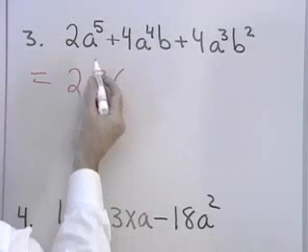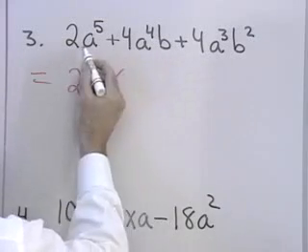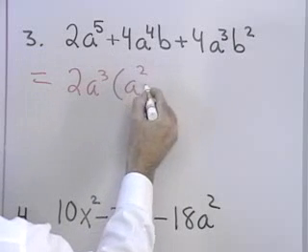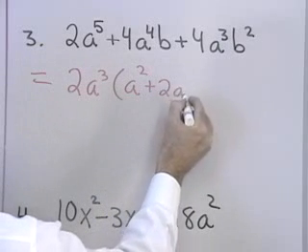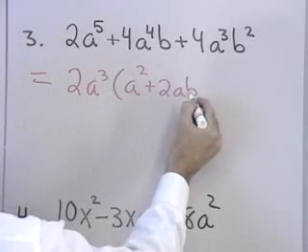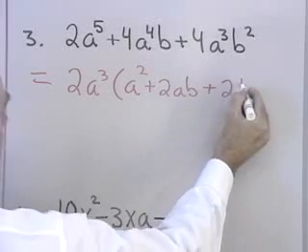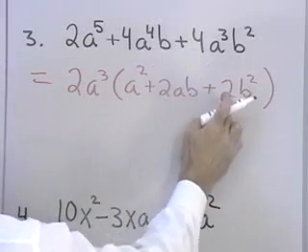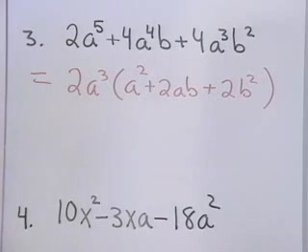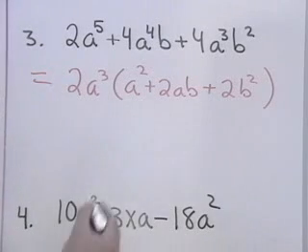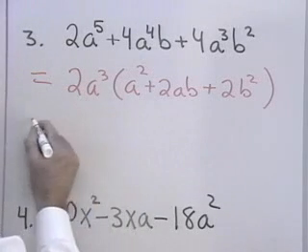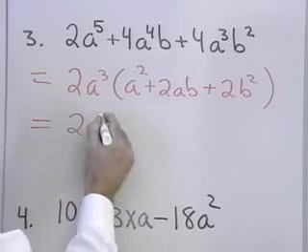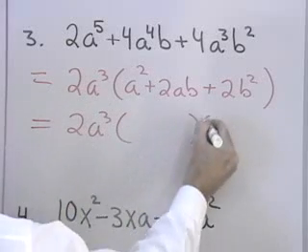When I take 2a cubed from each term by factoring, what's left here is a squared plus 2ab plus 2b squared. Is that right? When I factor a 2 from this, I end up with 2 right here. Yes, that's right.